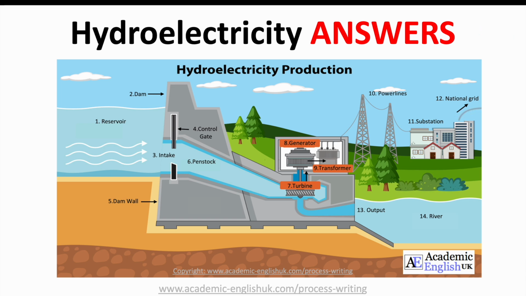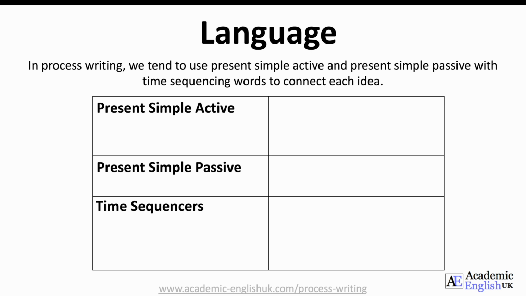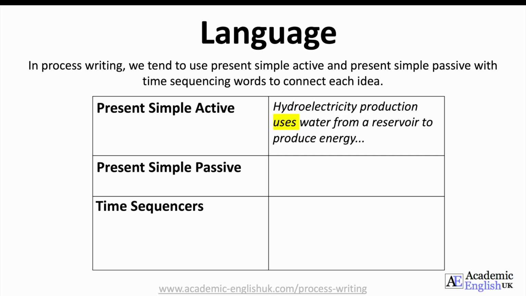So, just before we begin to write, it is important to know something about the language for process writing. In process writing, we tend to use present simple active and present simple passive with time sequencing words to connect each idea. Examples for the present simple active: hydroelectricity production uses water from a reservoir to produce energy.